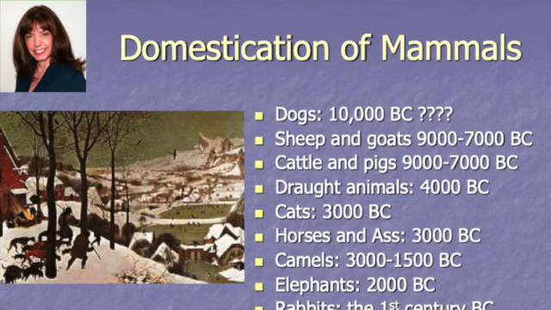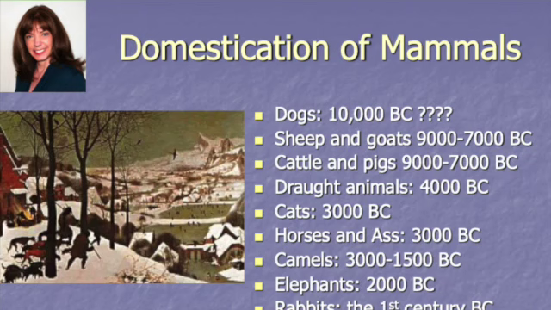Over time, they perhaps would provide some protection, warning for people who were infiltrating their tribe. But they also, because of their strong sense of smell, were able to be hunters as well and support humans to be able to find and to kill food along the way.